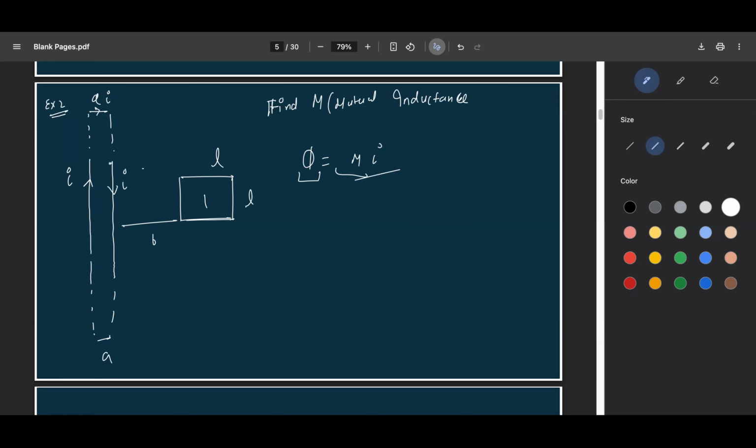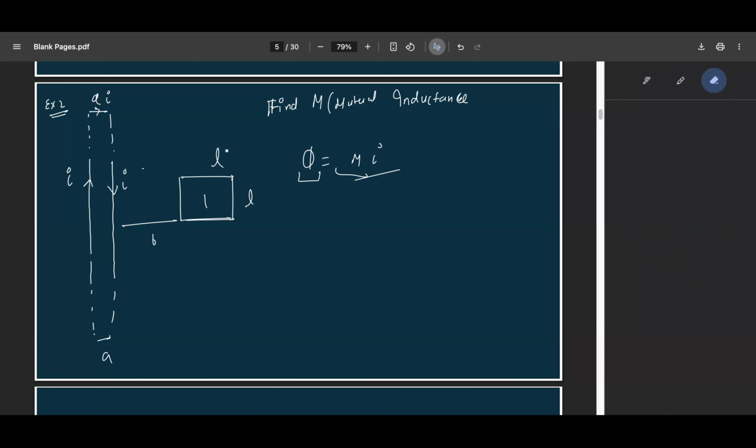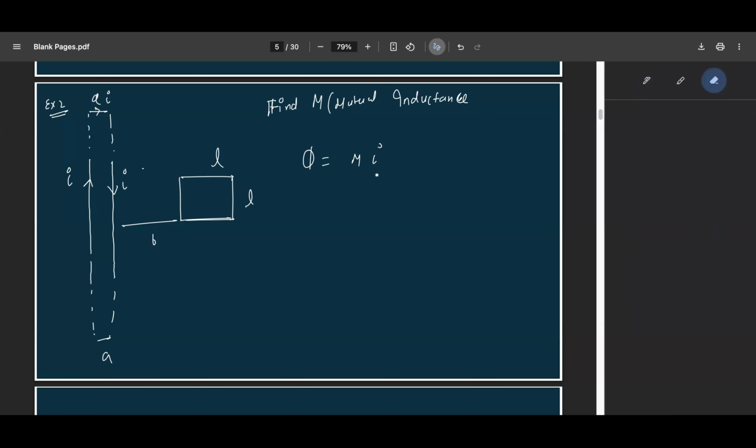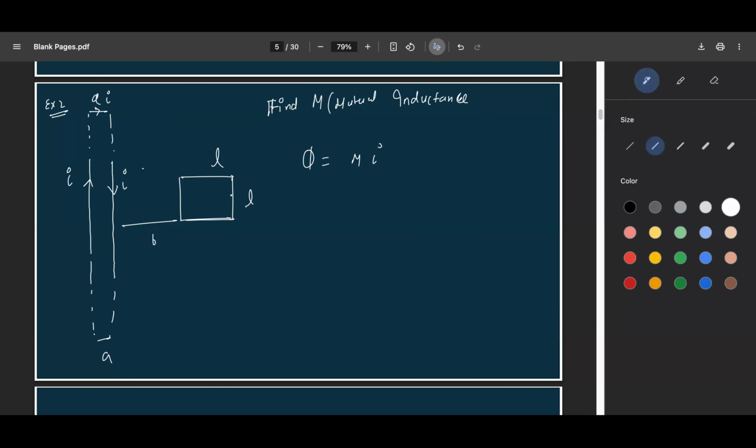The current in this is going to produce some flux in this loop, and then I'm going to compare. This is what I'm going to do. As homework, you can try the reverse. Assume current in this one and try to figure out the magnetic field and the flux in the other. Your task is to get this.